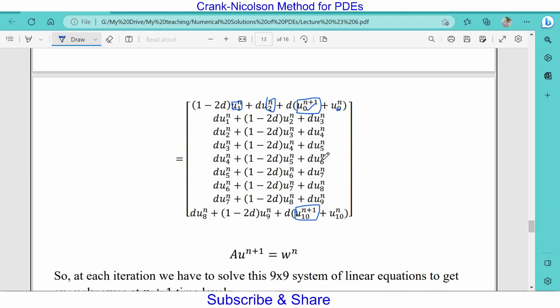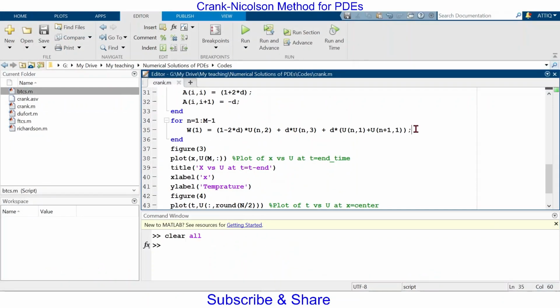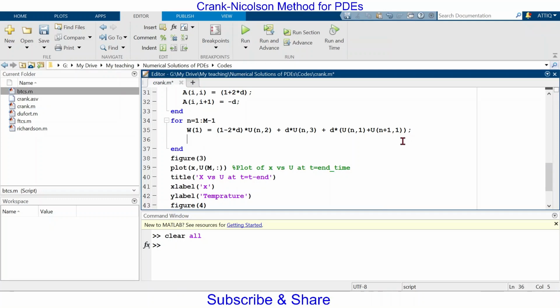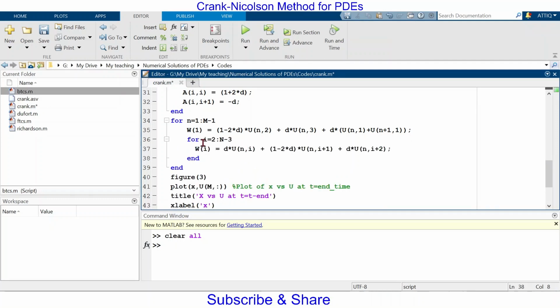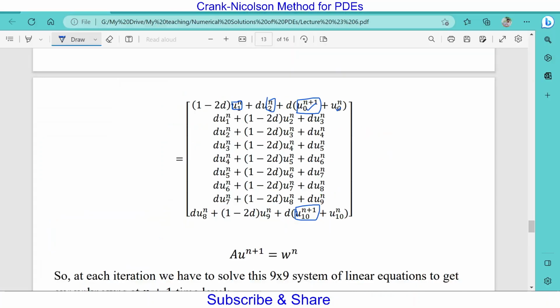And for these values there will be a pattern, so we will be using a loop for it. The loop will start from, for example, let's say the index of the loop is I from 2 to n minus 3, and the w ith value will come like this, because this is the pattern here.